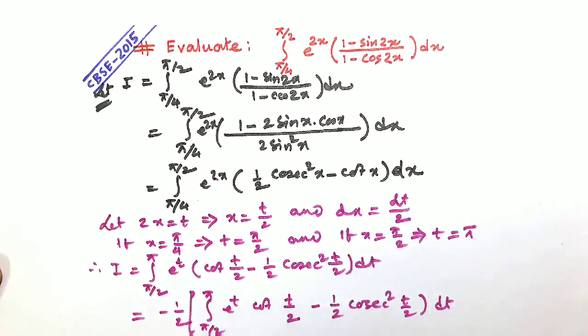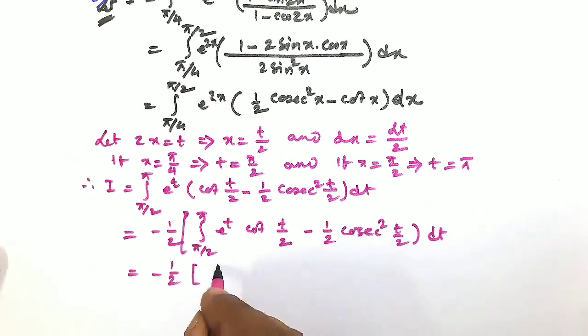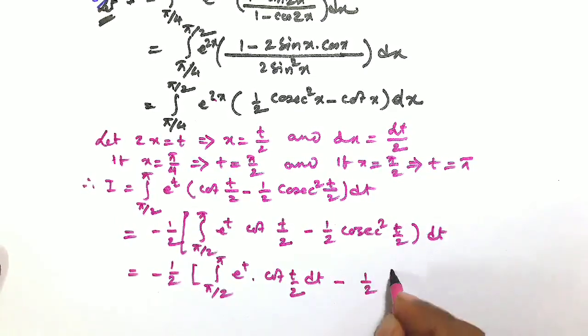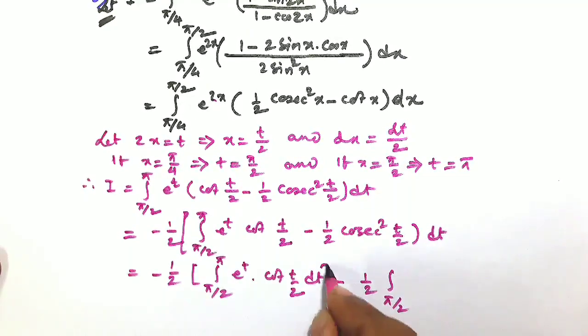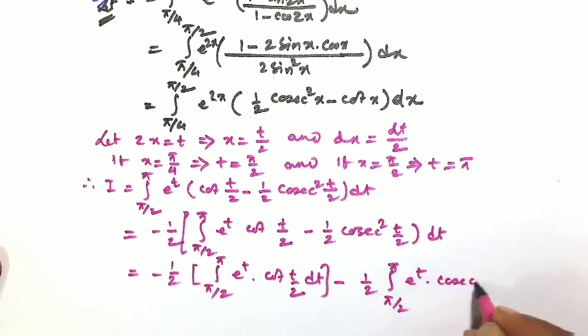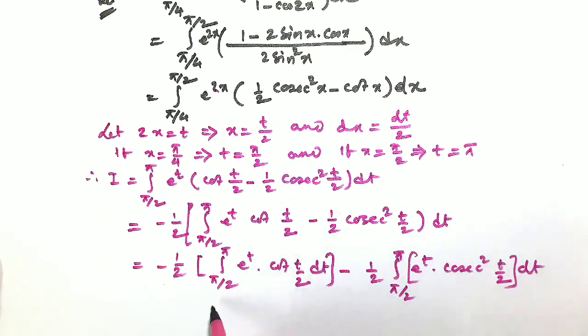That is equal to minus half into integration pi upon 2 to pi e to the power t cot t by 2 dt minus half integration pi upon 2 to pi e to the power t cosec square t upon 2 dt, isn't it? So now we shall use the by parts rule here.